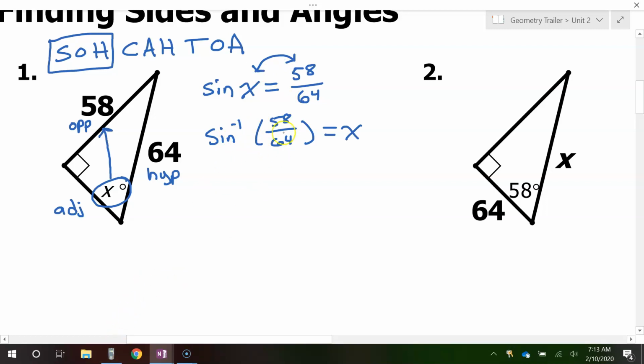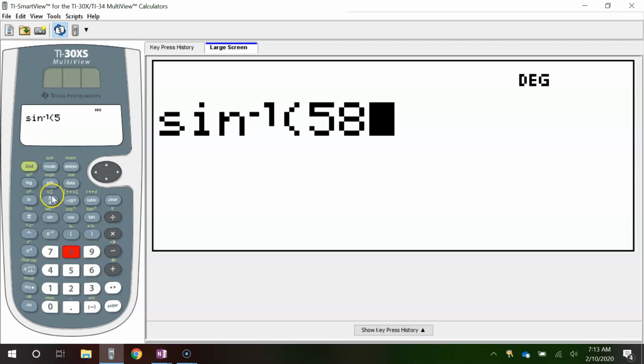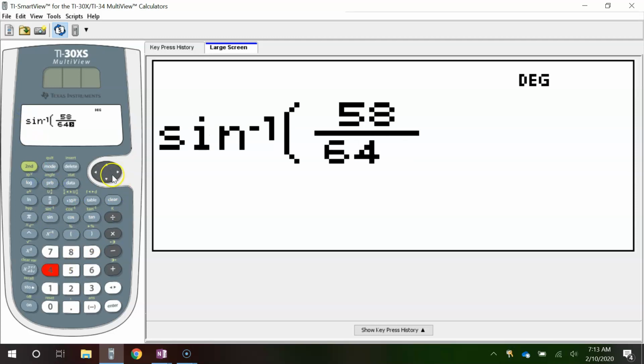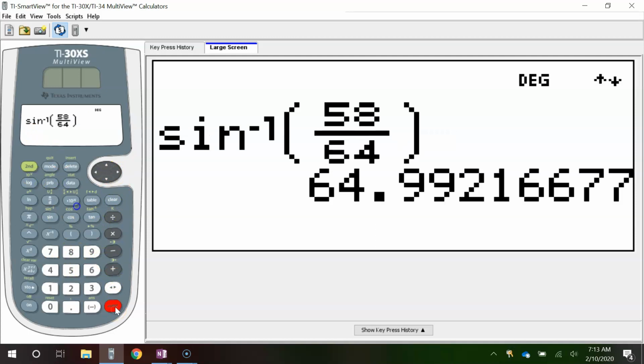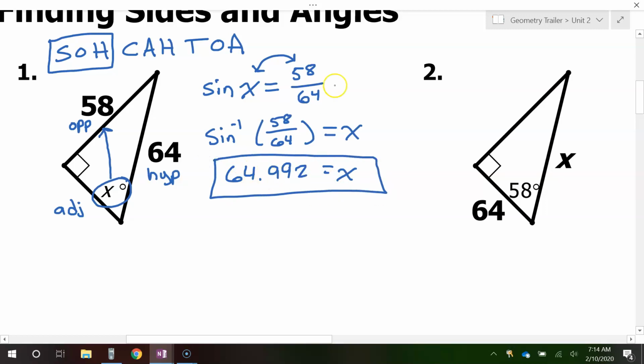And this is just a calculator thing, so 58 over 64. So there's sine. If we do second sine, it's inverse sine of 58 over 64. And this gives us the angle, so 64.992. All right, so that is the answer for problem number 1.